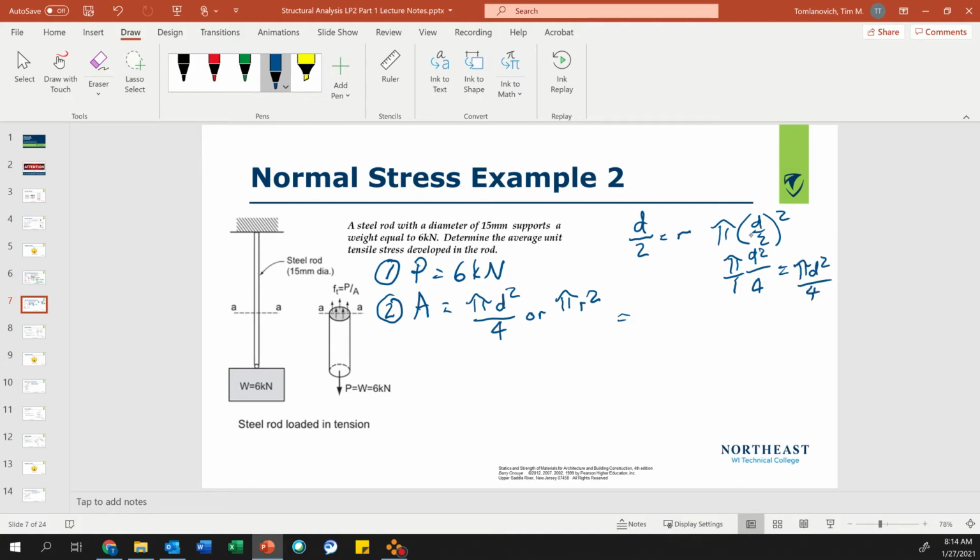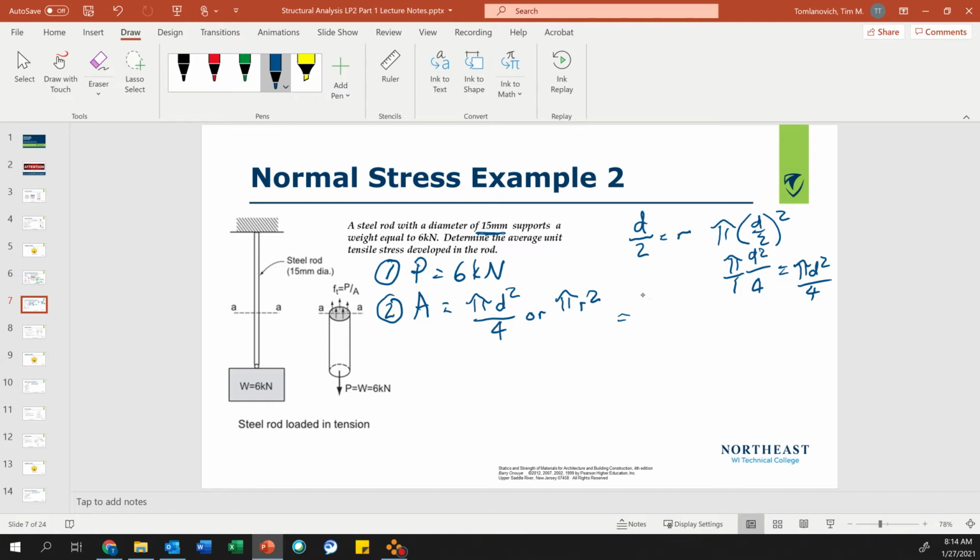I'm just substituting d over 2 for r because it gives you the diameter in millimeters. It's just easier to work in diameters. You don't go to a hardware store and ask for a 7.5 millimeter radius pipe. You always ask for it in diameters.